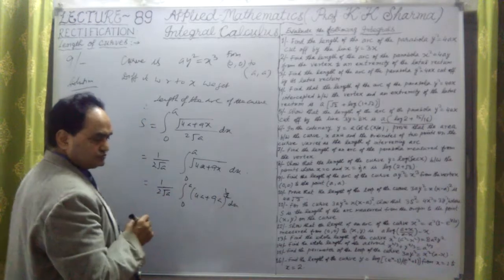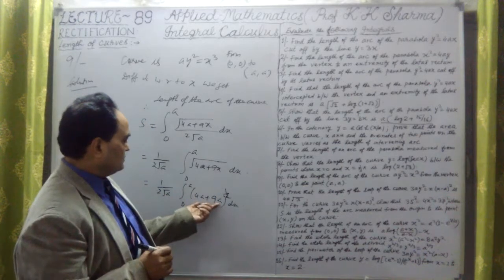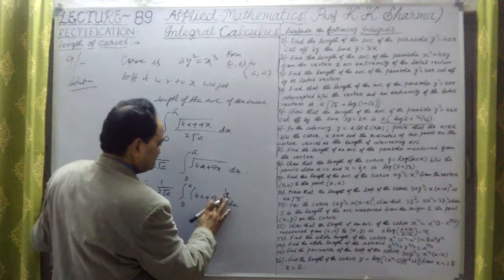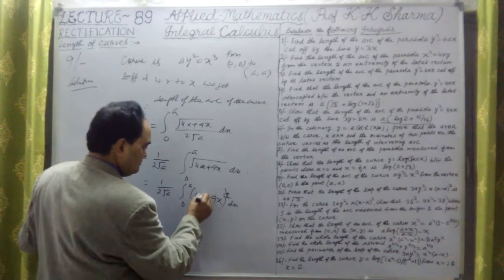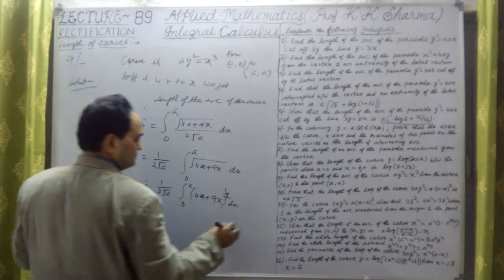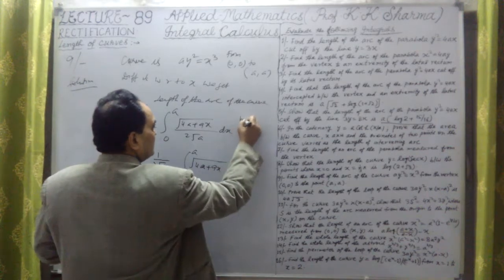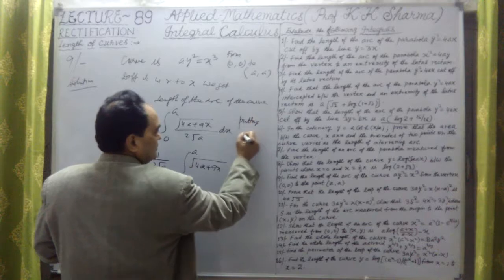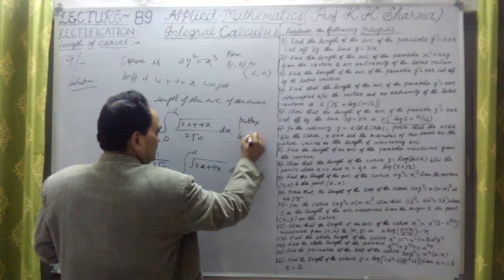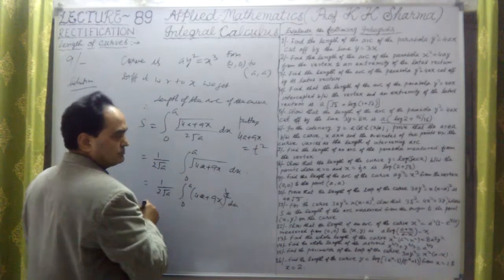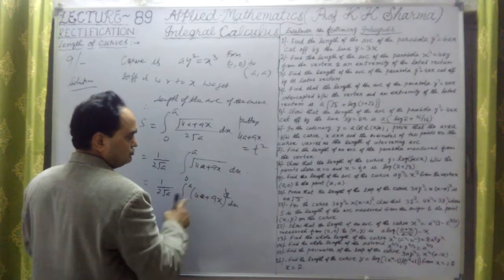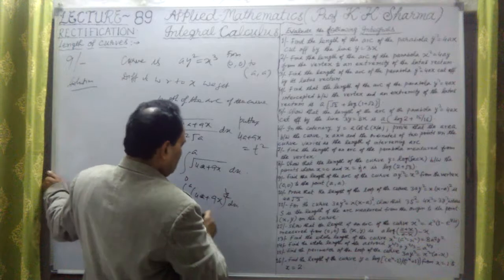Okay, so if I put 4a plus 9x equal to t square, then it can be converted.